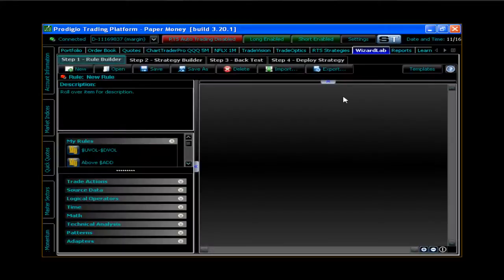Right, so let's go over to Wizard Lab. Now, Wizard Lab is how you create the rule in order to generate a trading signal. It's a drag and drop canvas, so you go over into your toolbox and tell the system what you want it to do. The way you think of this is it's kind of like a way to do scripting without the scripting, and it reacts to real-time data.